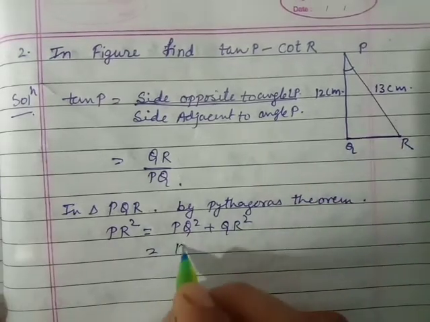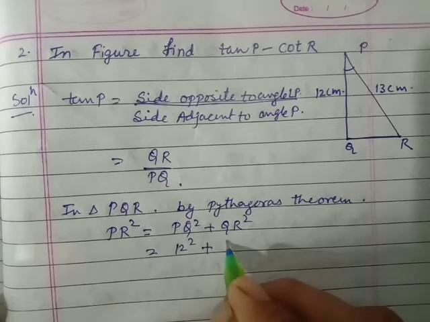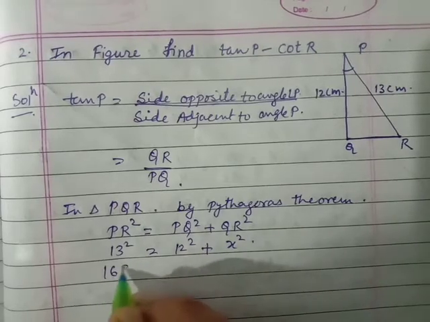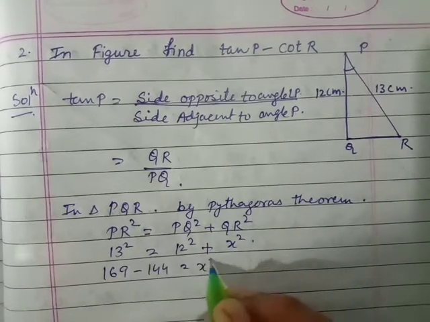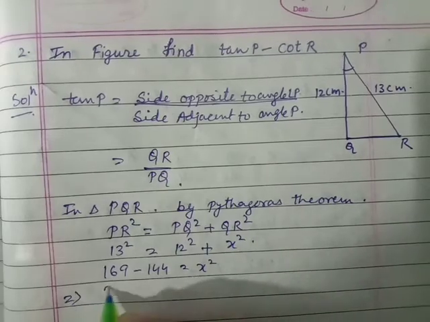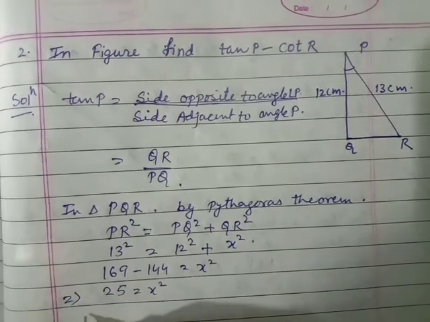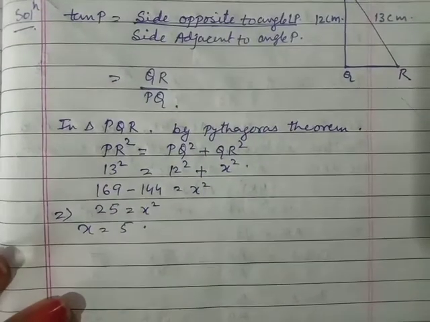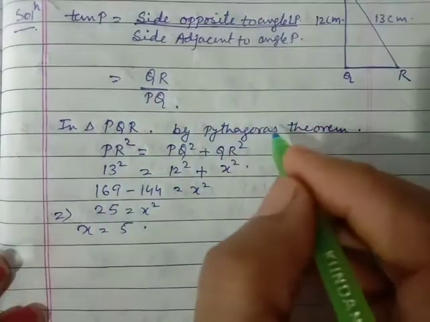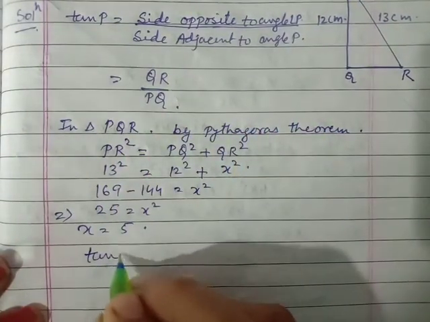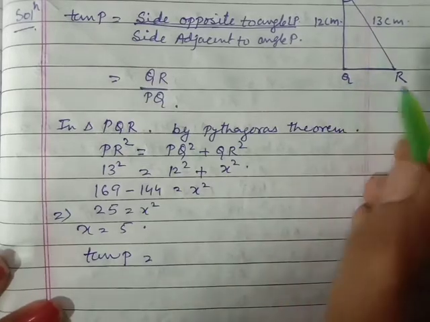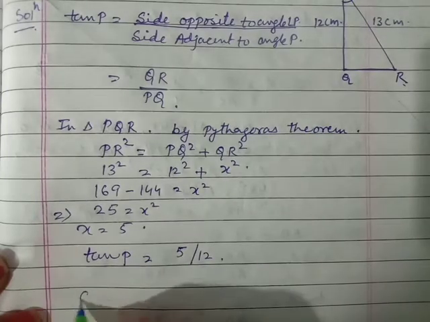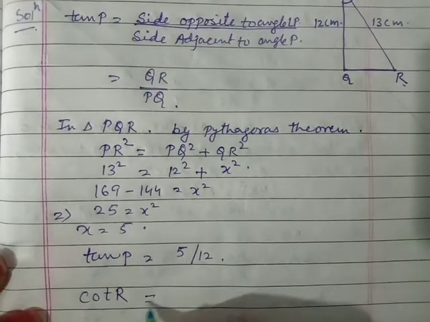So PQ square is 12 square and this is QR square, so x square, this is 13 square. So 169 minus 144 is equal to x square. So 25 is equal to x square. So x is equal to 5. So from here we get tan P is equal to QR upon PQ, so 5 by 12.